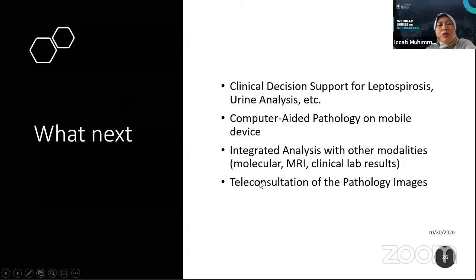And we want to develop a system for teleconsultation of pathology images, because there is still a problem: the limited number of pathologists available in Indonesia, and sending slides across islands is high risk and takes time.